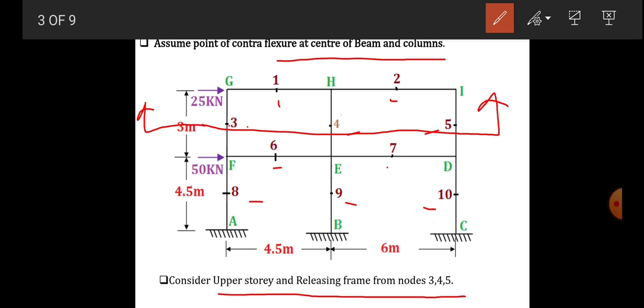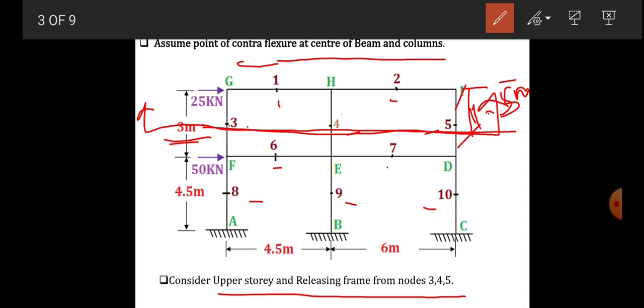So when we consider releasing from 3, 4, the height of this part is half of the column height. The column height is 3, so this height will be 1.5 meter, and we have to consider this 1.5 meter length for the further calculation.